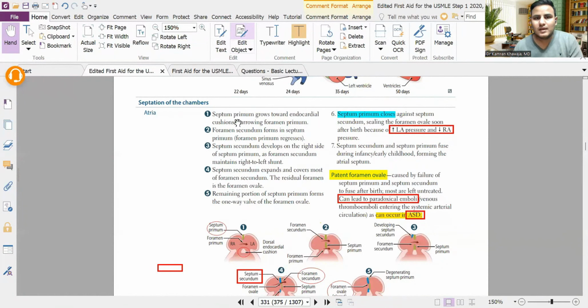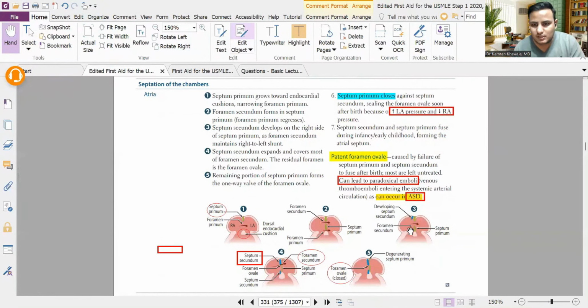Because when the septum primum grows, it creates the initial steps of formation of the septum secundum. This is step 3. In this diagram, the green color is the septum primum and the blue color is the septum secundum.